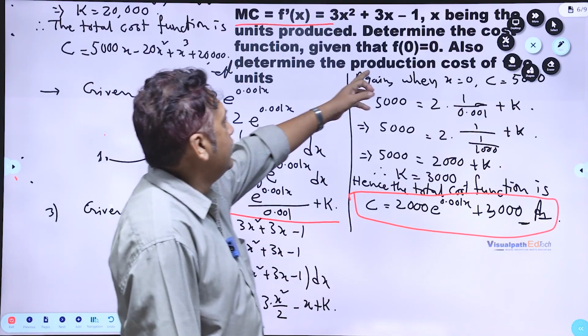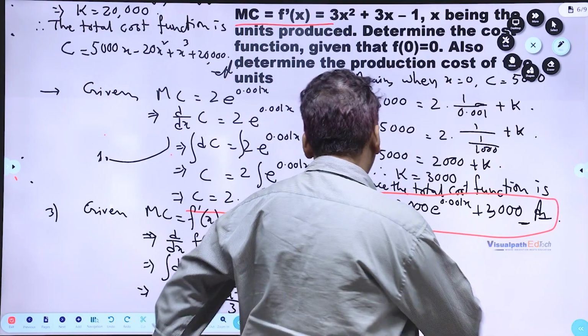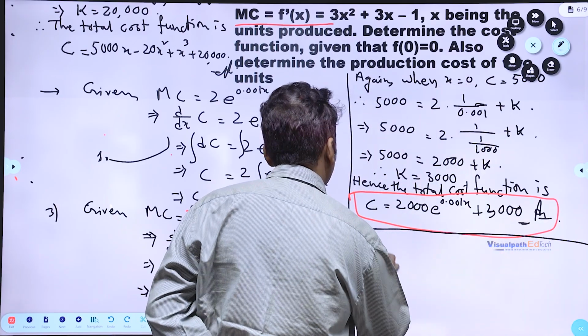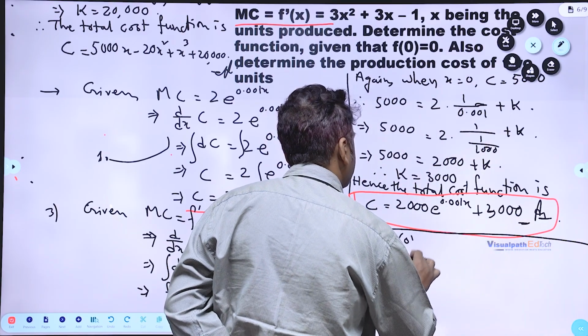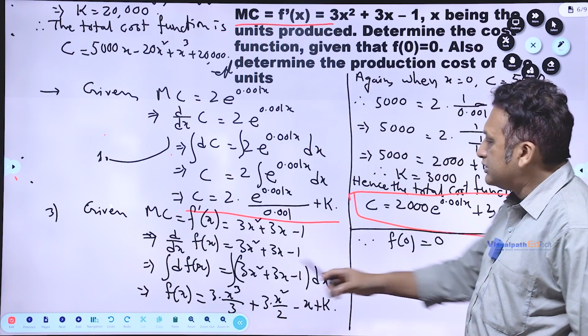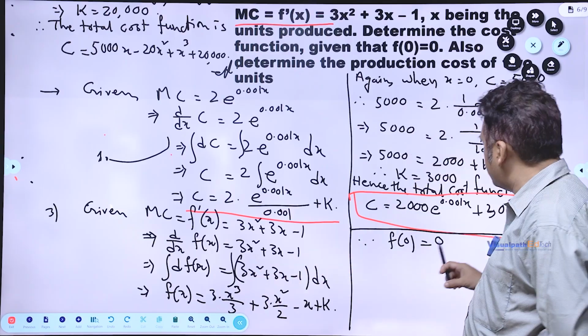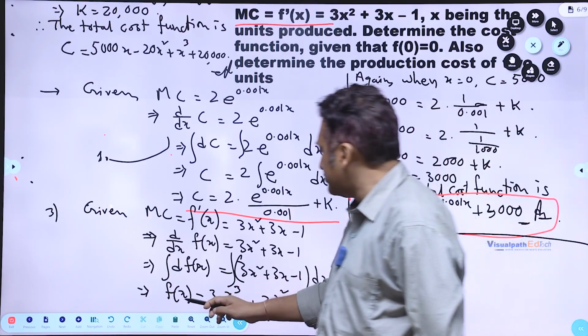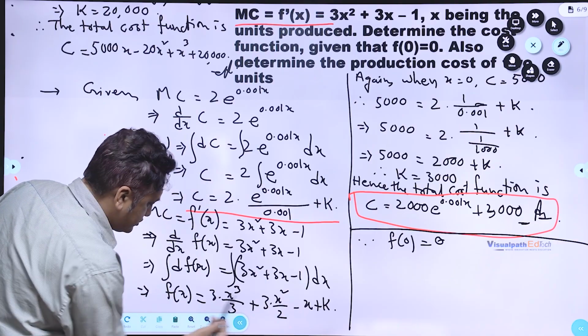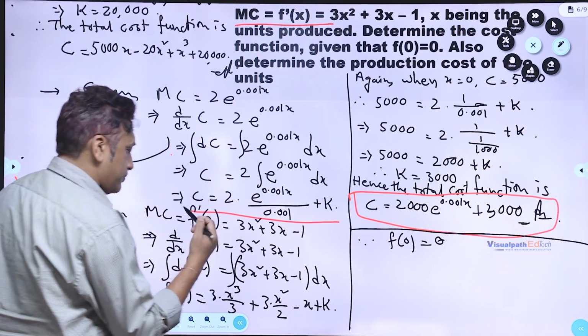Now what is given? f of 0 is equal to 0. So, since f of 0 is equal to 0, meaning when we put x equal to 0, then this entire value will become 0. So, if I put x equal to 0 here, here, and here, f of 0 will be 0.